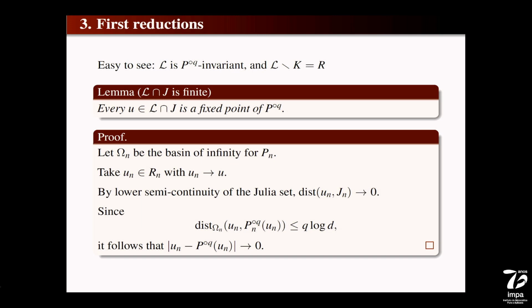So the Euclidean distance between un and its qth iterate goes to 0, which means that u is a fixed point under the qth iterate. So whatever points of L are in the Julia set, there are finitely many of them, and we're going to describe these fixed points shortly. They can't be any arbitrary fixed points.